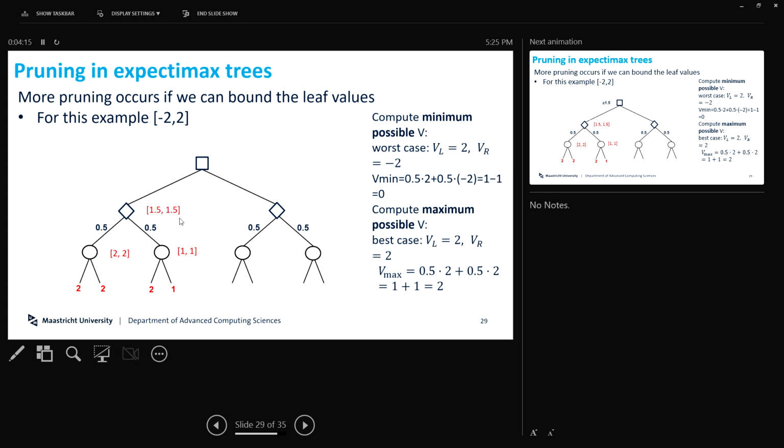Now we know that for this subtree, the best value we can return to max is 1.5. That means we can safely say that this root node is greater than or equal to 1.5. Why is that?